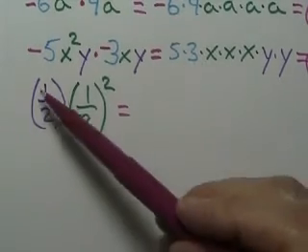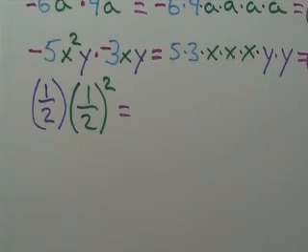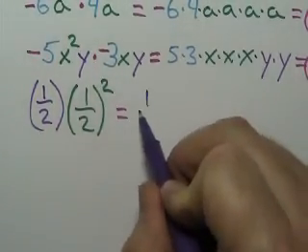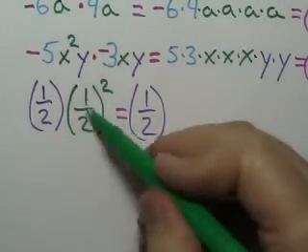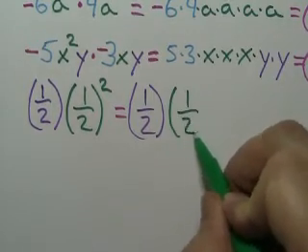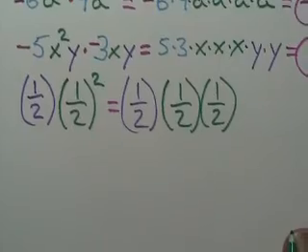A little bit different problem that we have fractions involved. So let's see, I have 1/2. This first one. Then I have 1/2, but 2 times. Twice. 1/2 times 1/2.